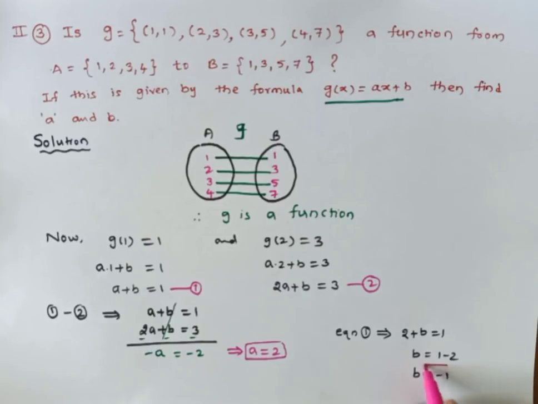So b equals minus 1. So the values of a and b are 2 comma minus 1. Therefore you can write a equals 2, b equals minus 1.